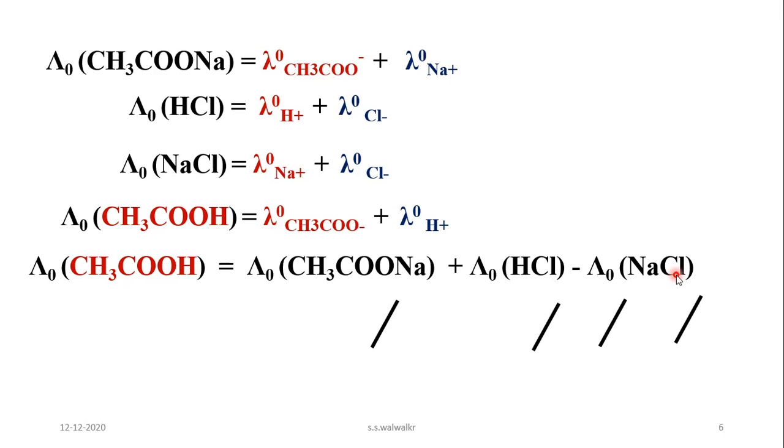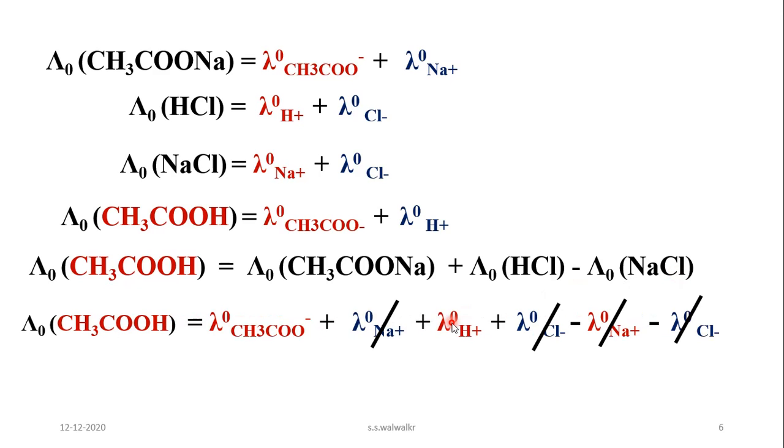Here, substitute the expression of lambda 0 of sodium acetate, that is, lambda 0 of acetate ion plus lambda 0 of sodium ion. Lambda 0 of HCl is nothing but lambda 0 of H ion plus lambda 0 of Cl ion, minus lambda 0 of sodium ion minus lambda 0 of Cl ion.